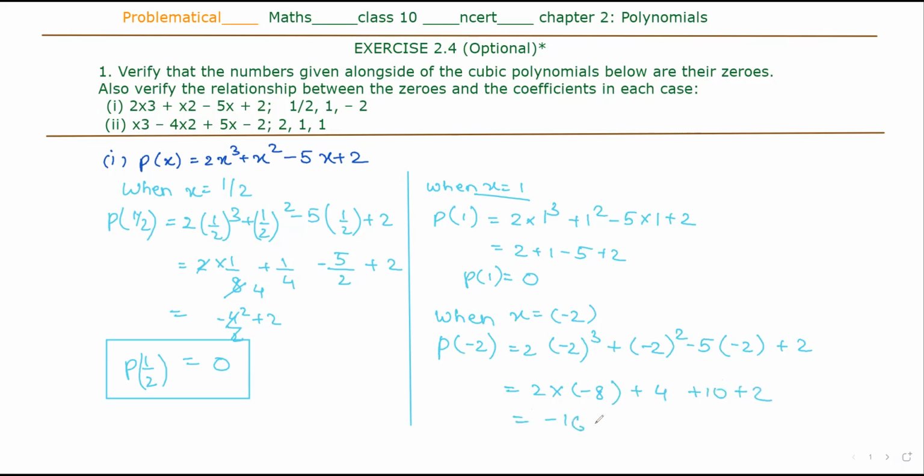This is minus 16 plus 16, which is equal to 0. So by observation, we got all the three values to be equal to 0. So we can easily say that 1 by 2, 1 and minus 2 are all three zeros of the given polynomial p of x.